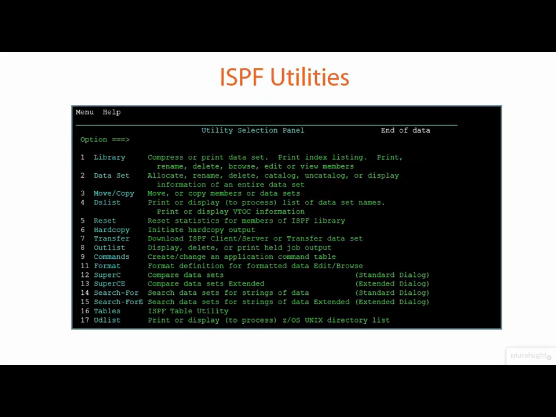In general, the utilities functions also have some items that are either lesser used or that are outside the scope of what we want to discuss in this particular module.